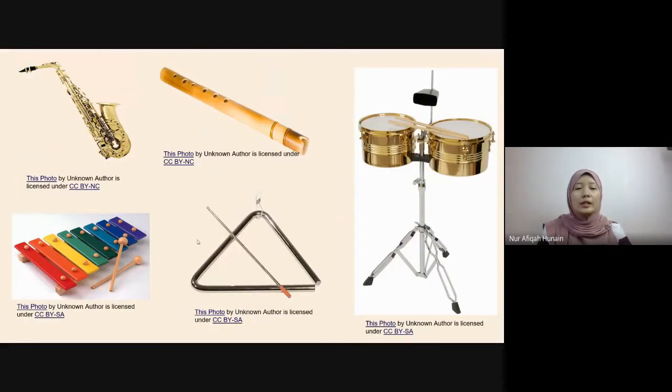Okay, now let's try this one. I give a clue this time. Alright, so let's classify these musical instruments into beat and blow, based on the way they are played. Let's choose which instruments we play by beating and which instruments we play by blowing.